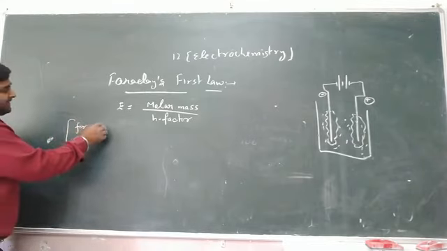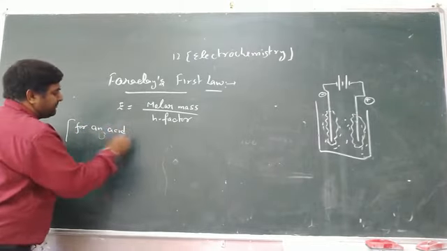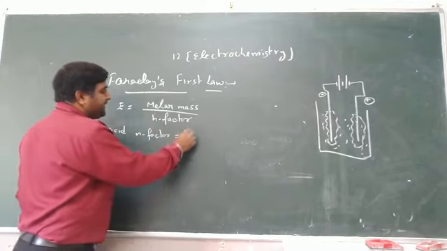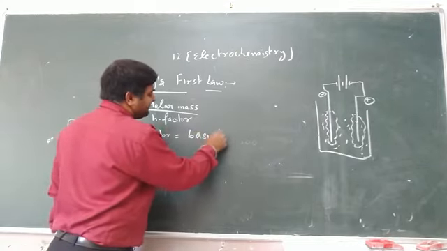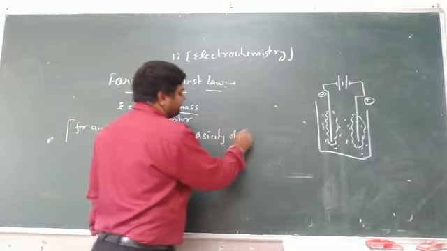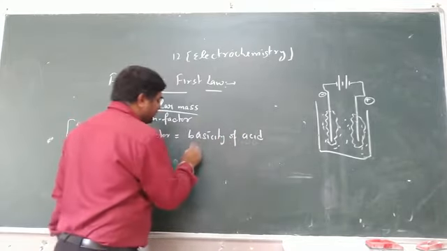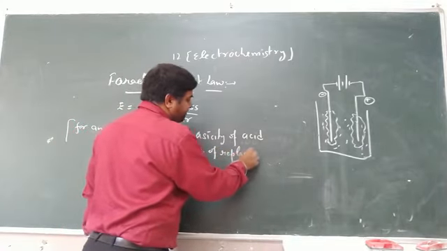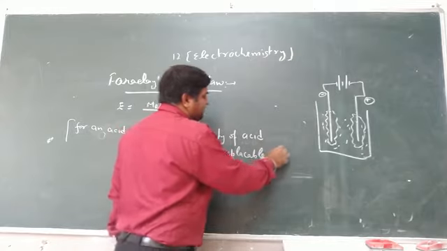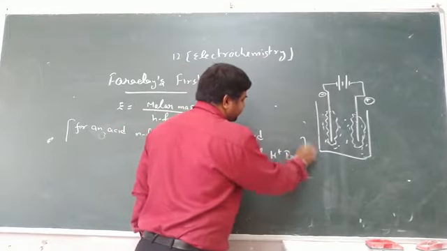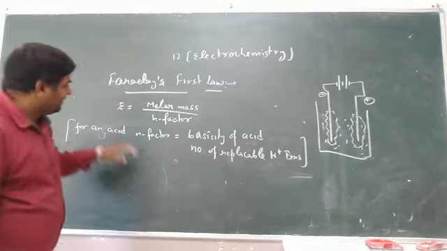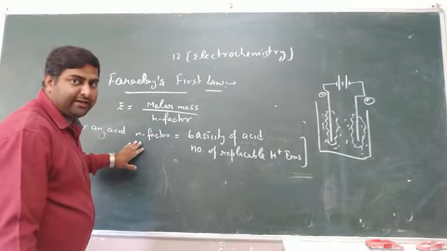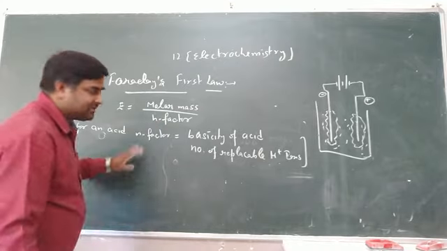For an acid, n factor is equal to the basicity of the acid. Basicity means the number of replaceable hydrogen ions. Let's take a simple example.